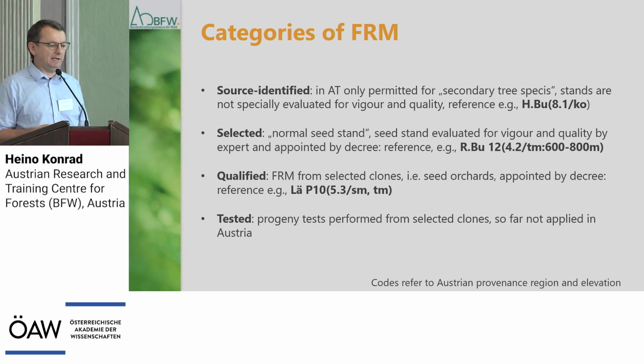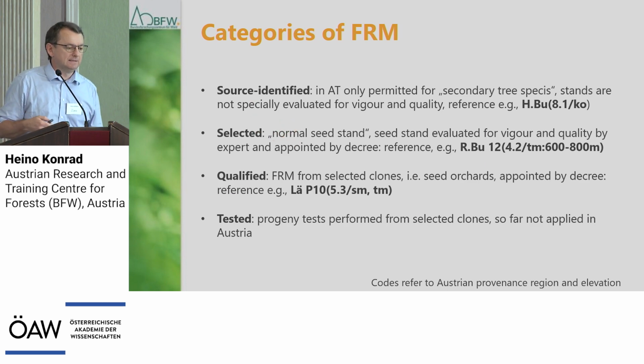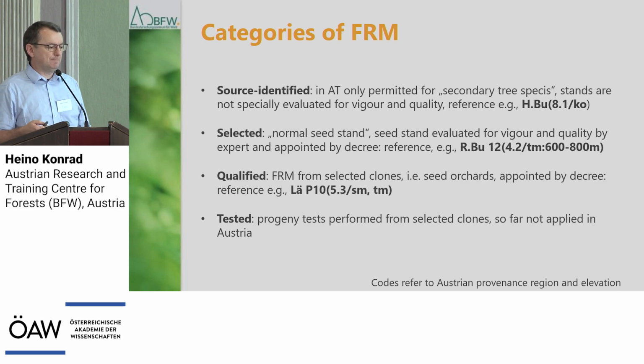What we have to bear in mind is that there are 4 categories of forest reproductive material. This is the same for all member states of the European Union and the OECD countries as well. So we have the category source identified, which is the lowest category, let's say. So that means these stands have not been evaluated for vigor and quality, but therefore we don't know much about them.